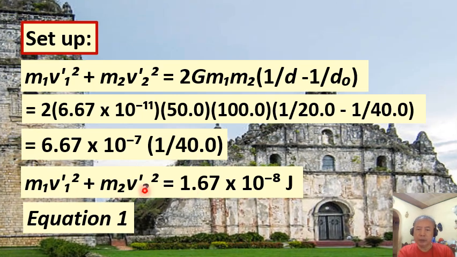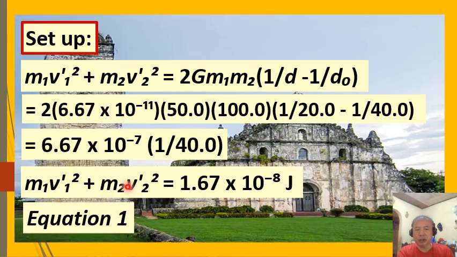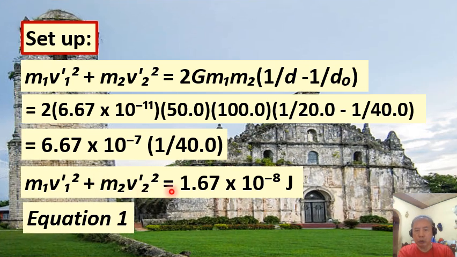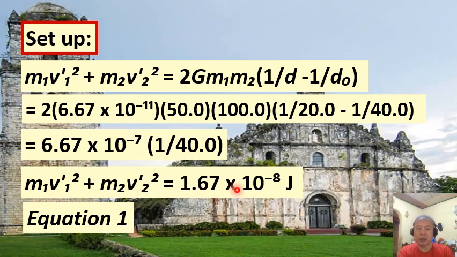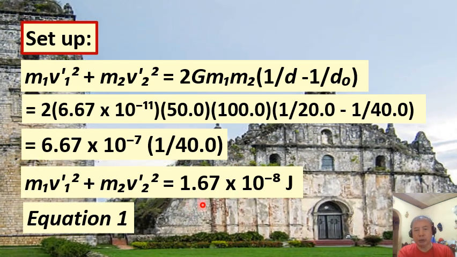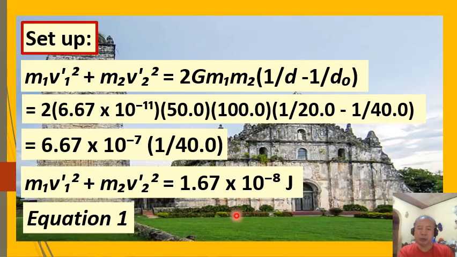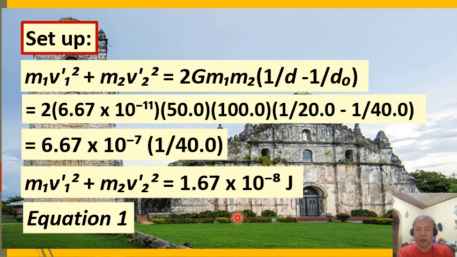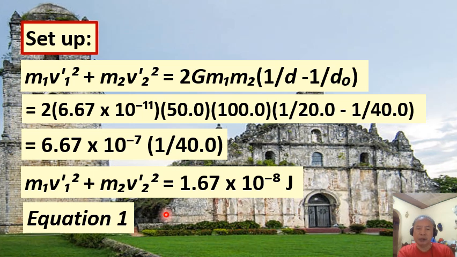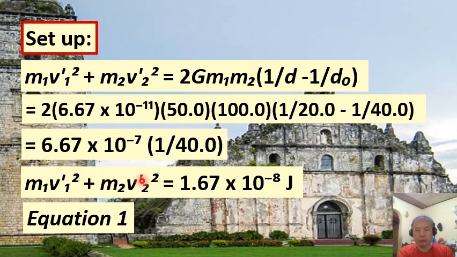Take note that in this equation, there are two unknown variables, b prime 1 as well as b prime 2, or the final speeds of sphere 1 and sphere 2. So for now, we label it as equation number 1 because in a short while, we're going to derive another equation that will help us determine the two speeds b prime 1 and b prime 2.